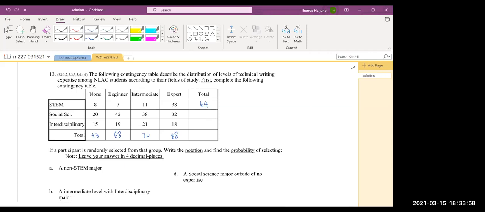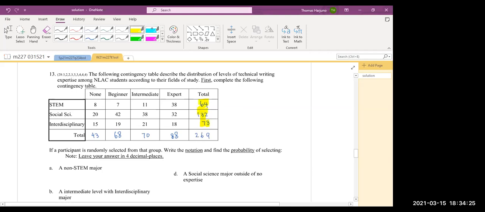That's 62 plus 70. That's 132. 15 plus 40 plus 18. That's 73. When I add this way, I get 269.